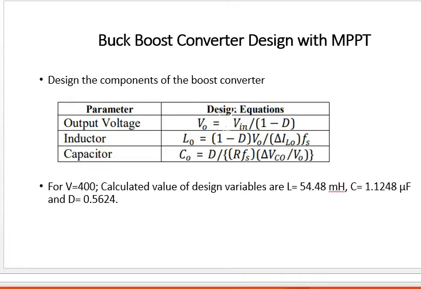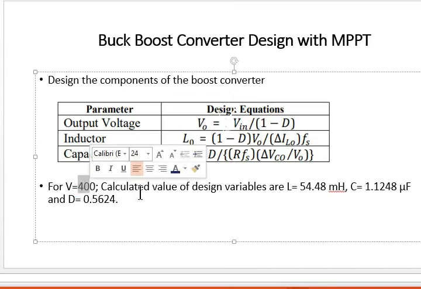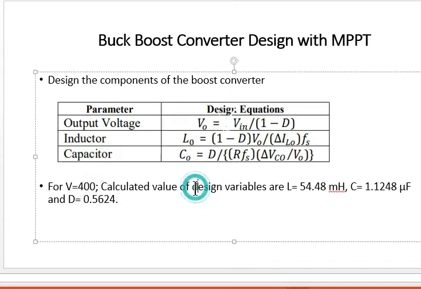Different papers have calculated it for their own purposes. Some have taken 400 volts and some 300 volts. For 400 volts and a duty cycle of 0.56, the inductor will be roughly around 50, and the capacitor value will be like 1 to 2 microfarad.